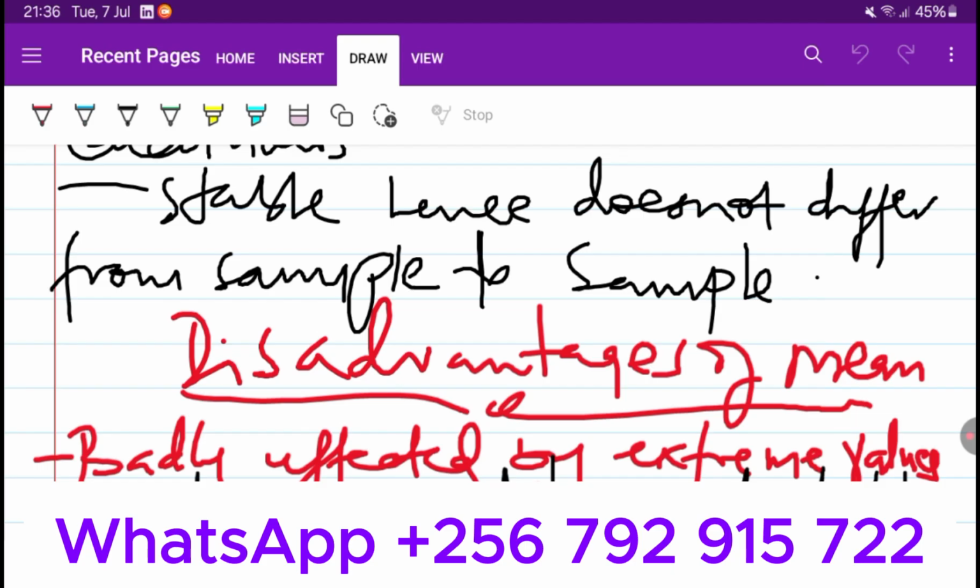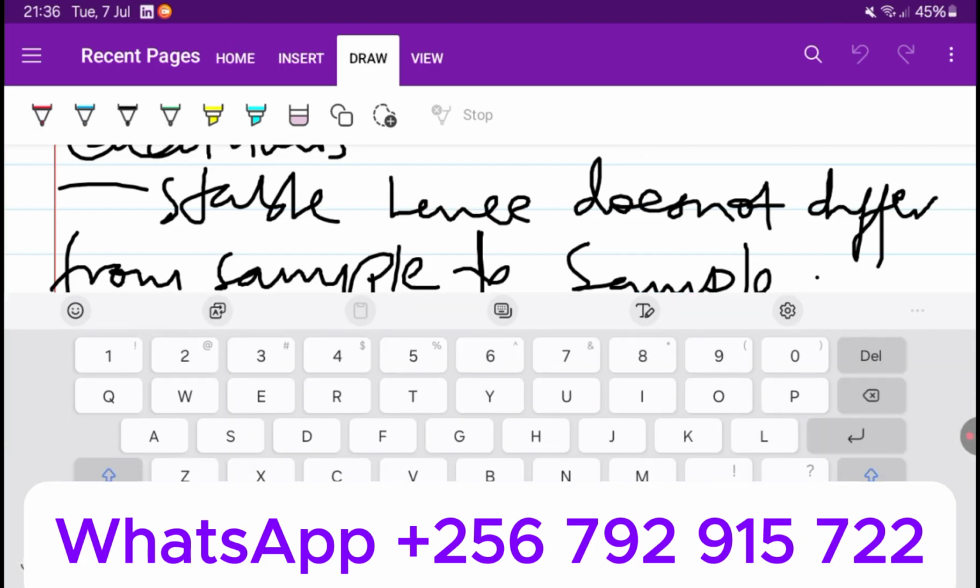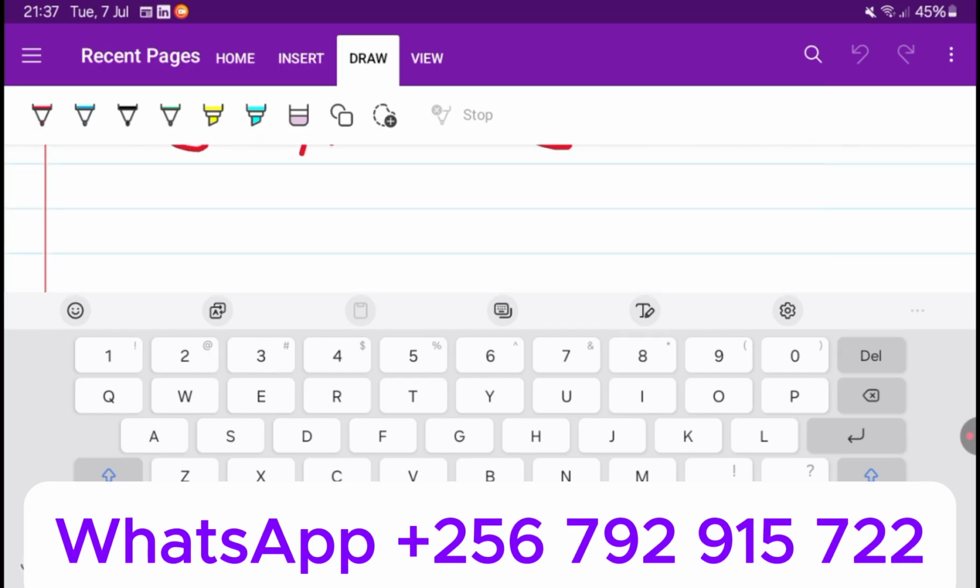So you'll find that you'll compute the mean value and it will not be similar to the actual values that were given to you in the question. So that's why we are saying, and the point that we looked at earlier was that a good measure should be a representative. It should be the representation of the distribution under study.